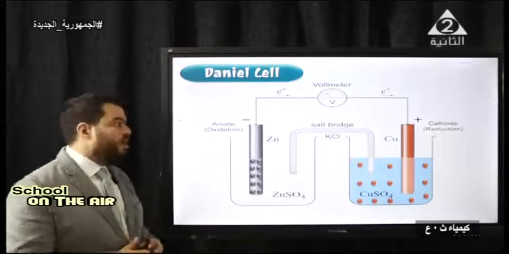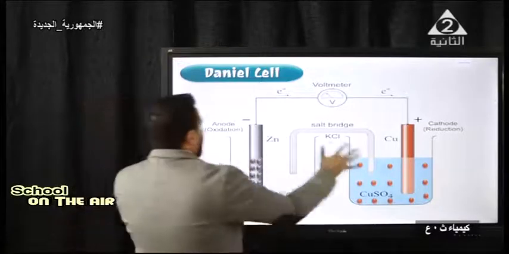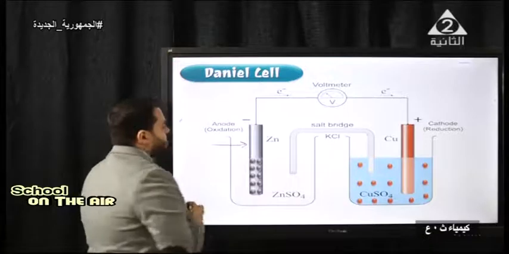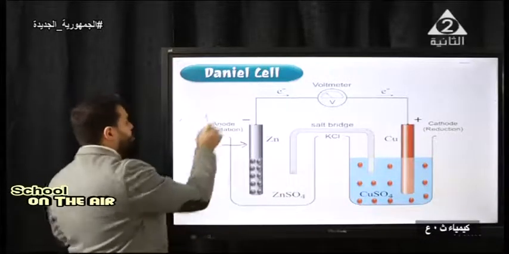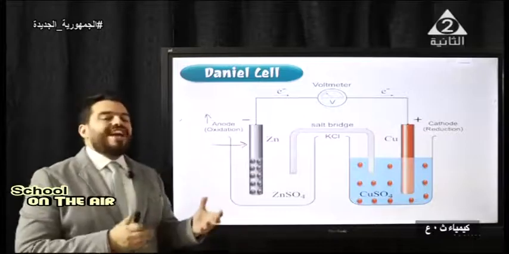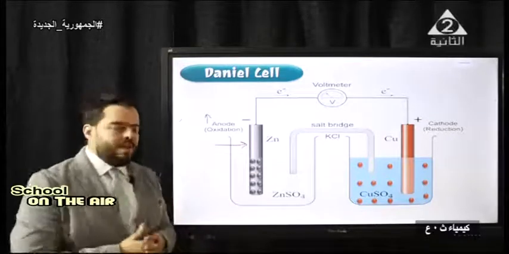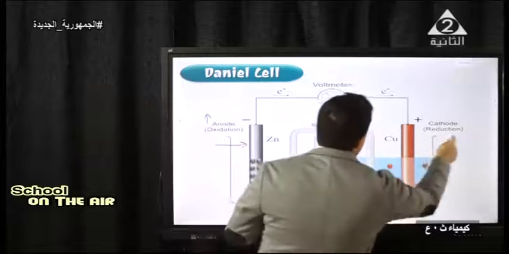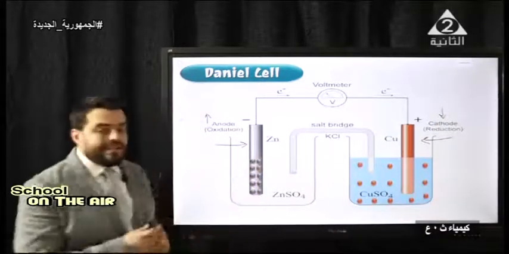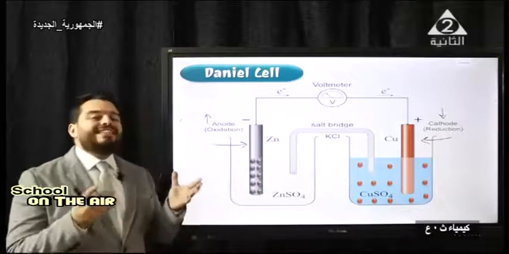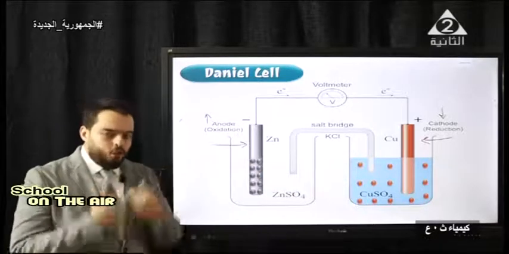It's very important. Okay, when you have an anode, you have a metal with high oxidation potential, which is the metal which has the higher tendency to lose. And when you have a cathode, you have a low oxidation potential, and that is the metal that has the higher tendency and higher ability to gain.